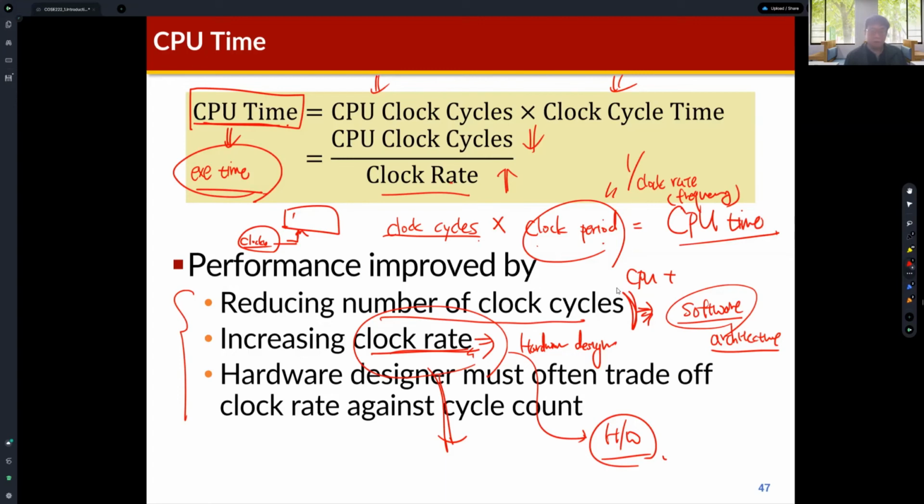The number of clock cycles is determined by architecture and software, so application, and also instruction set architecture. So we can divide some factors into the software part and hardware part like this.